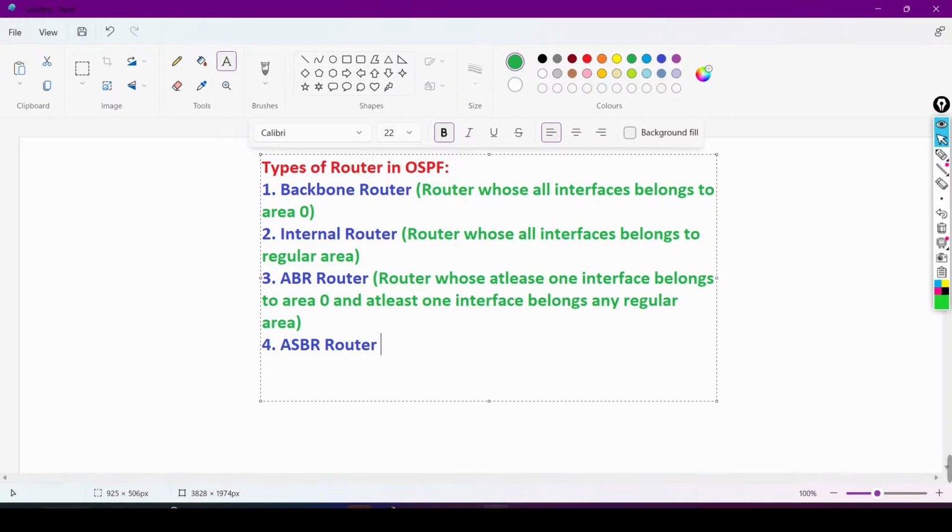Now, the 4th type of router is a router whose at least one interface belongs to the OSPF domain and at least one interface belongs to any other routing domain.